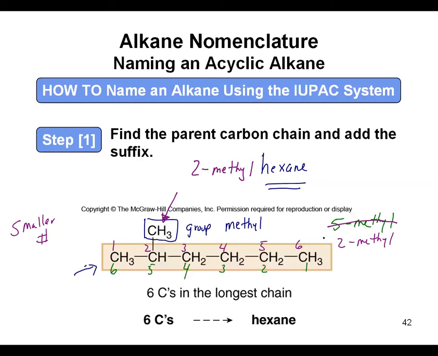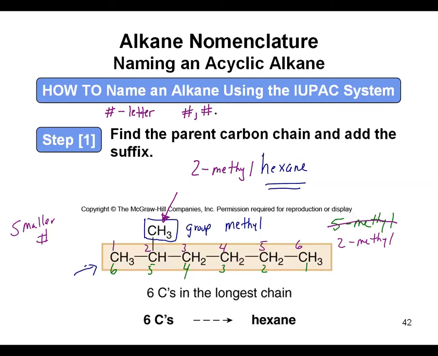A couple of little things when we name: you see a dash that I put here between a number and a letter. We put a dash. Now, if you have 2 numbers that come back to back, we put a comma between those when we name them.